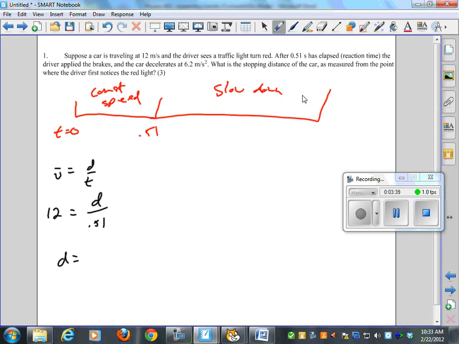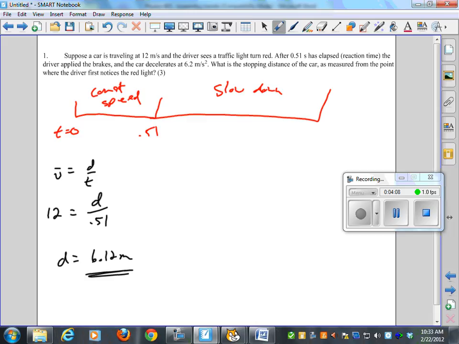So we need to figure out how far it goes during the constant speed portion when it's traveling 12 meters per second for 0.51 seconds, right? So that distance is 6.12 meters. It travels a little over 6 meters before the car even begins to slow down. That's like 6 big steps, isn't it?